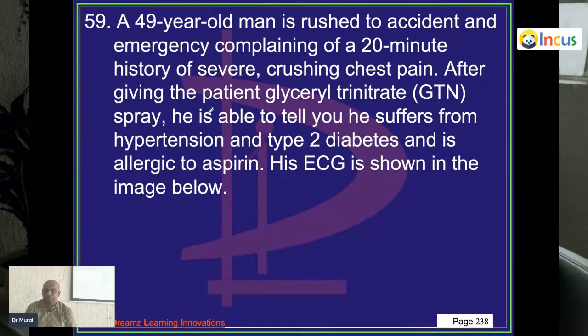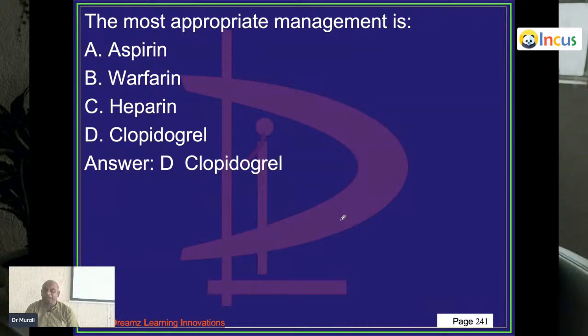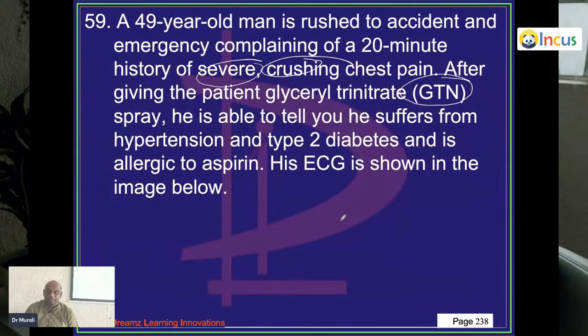49-year-old man, 20-minute history of severe crushing chest pain. You have given glyceryl trinitrate spray and his ECG is being shown to you, right? So what is the most appropriate treatment, especially when he is allergic to aspirin? So always there are two things to control the pain in a suspected MI.